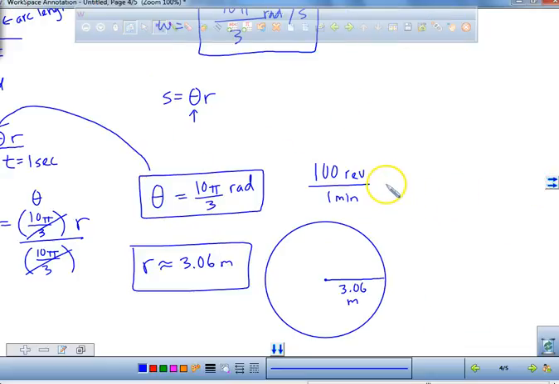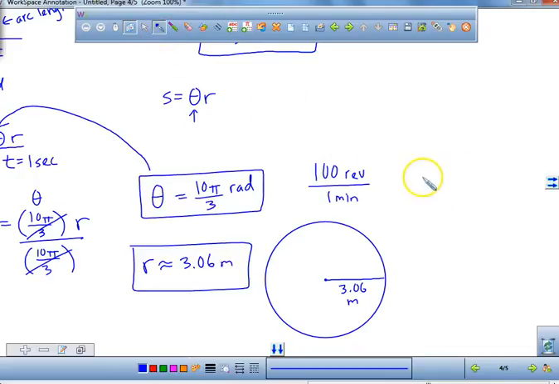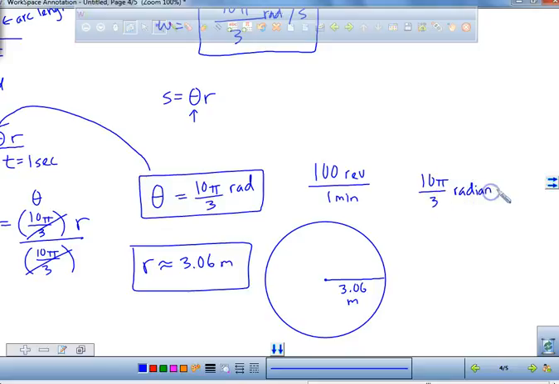And we converted that. How fast is that going? That was going 10 pi over 3 radians per second. That's how far it was going.